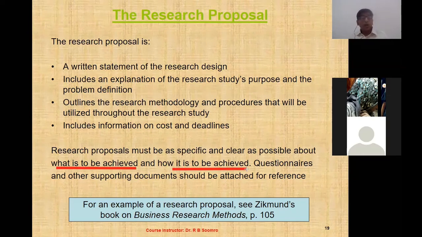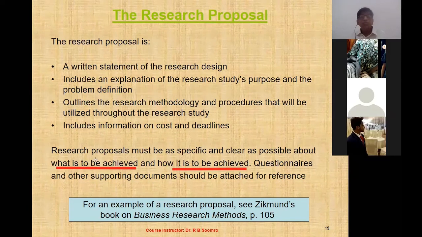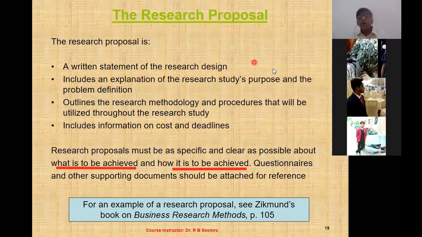What you want to achieve, you can tell when you are designing the purpose or objective and the research questions in your research proposal, and how to achieve it when you are going to design the research methodology and the procedures.